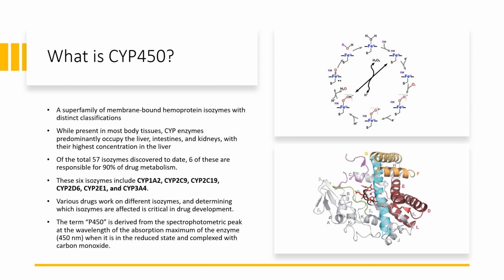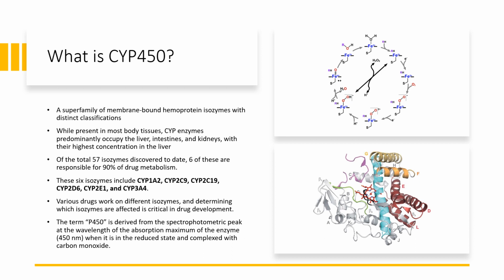Of the total 57 isozymes discovered to date, 6 of these are responsible for 90% of drug metabolism. These 6 isozymes include CYP1A2, 2C9, 2C19, 2D6, 2E1, and 3A4, with 3A4 being the isoenzyme that affects most products.